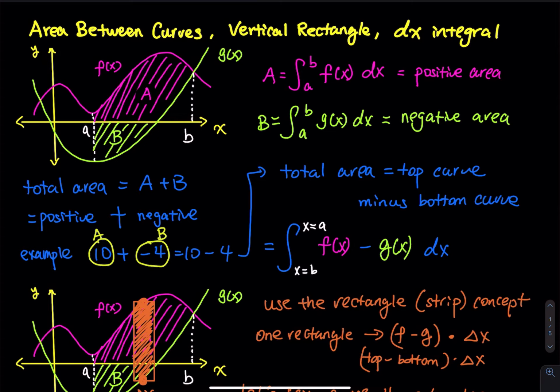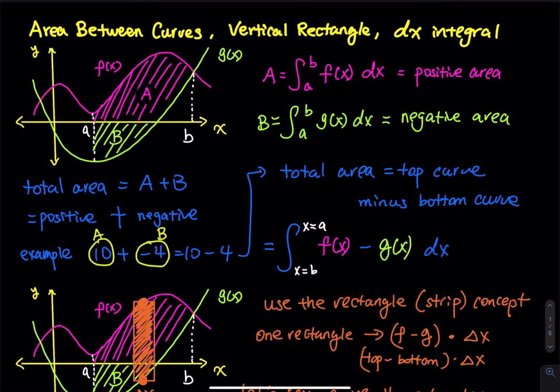Just for example, to give you a number so that it helps you understand the concept. I have the top plus the bottom, right? Which is 10 plus negative 4. That is equal to 10 minus 4. How do we go from plus minus to a minus? Because a plus negative is just a minus, right? If you take 10 and add a negative 4 to it, that is the same thing as saying 10 minus 4.